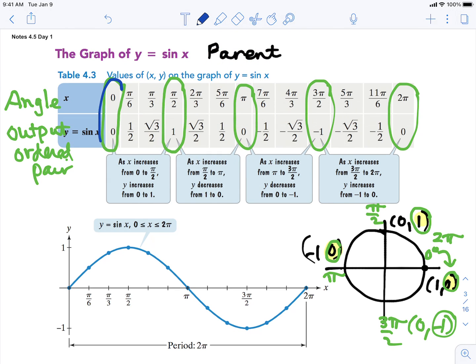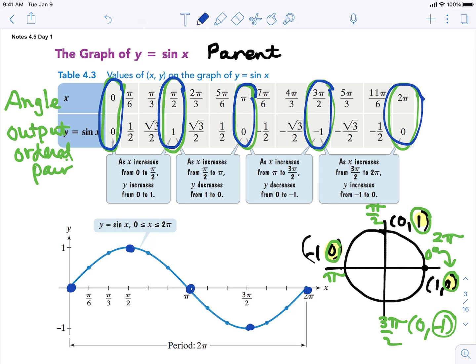So the first one, 0, 0 is right here. At pi over 2, 1, we're up there. At pi, we're at 0. At 3 pi over 2, we're down at -1. And then at 2 pi, we're at 0.